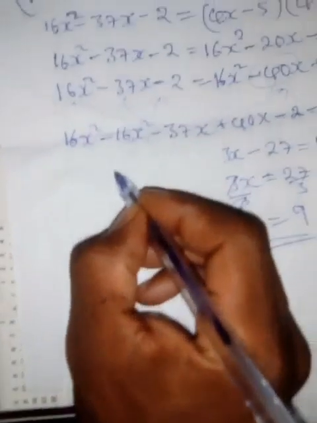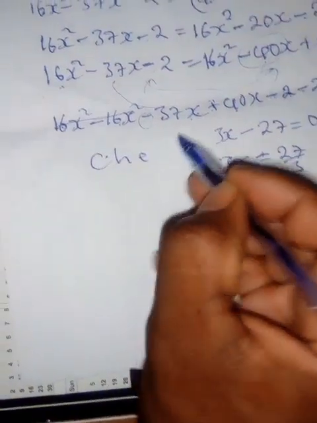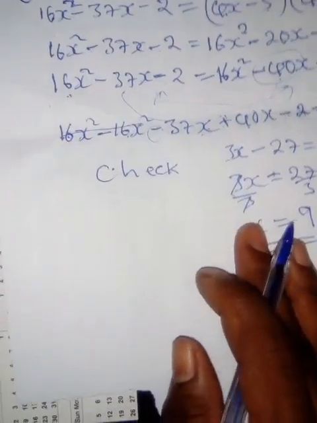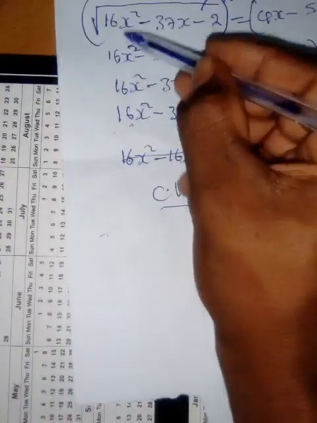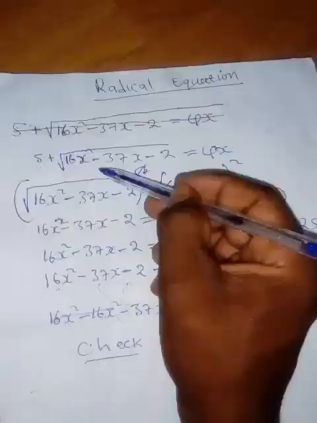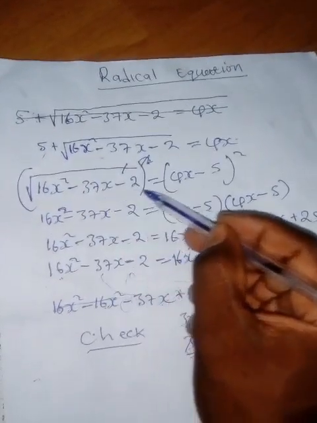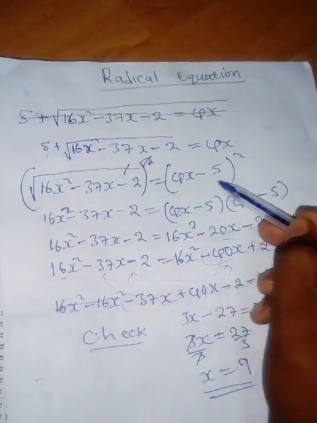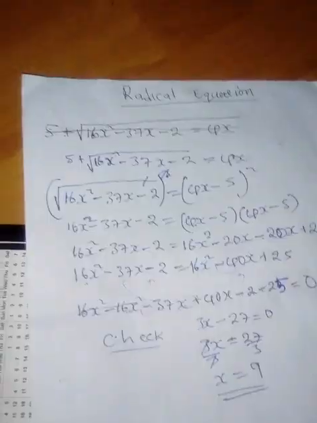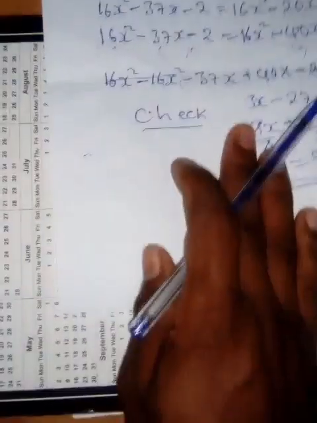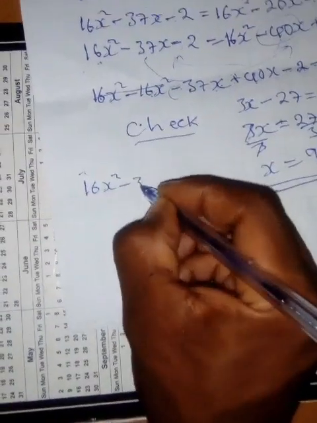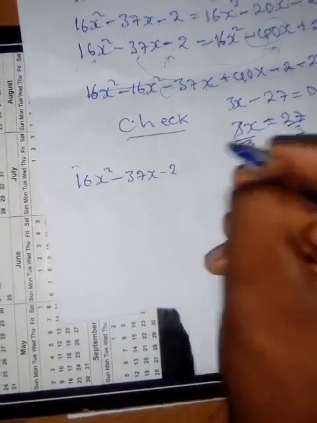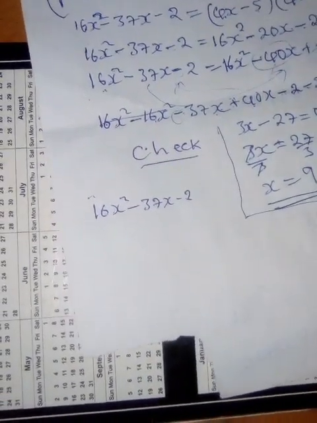So checking, I'm going to write this one, but I will not power them, because the 5 will cross to the other side. So I'm going to write 16x squared minus 37x minus 2 alone on this side.